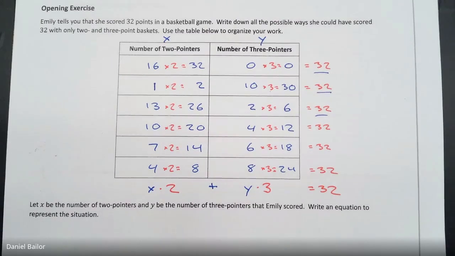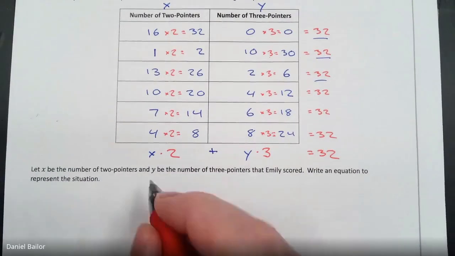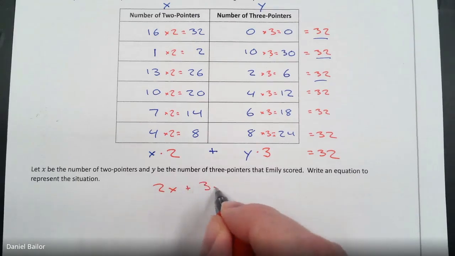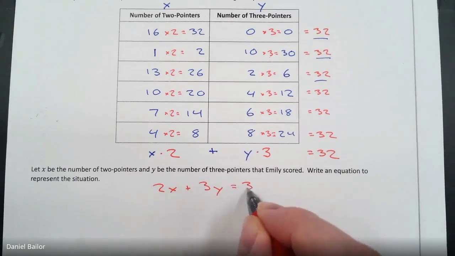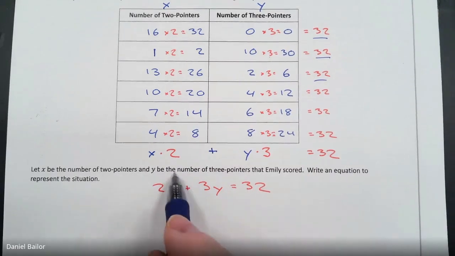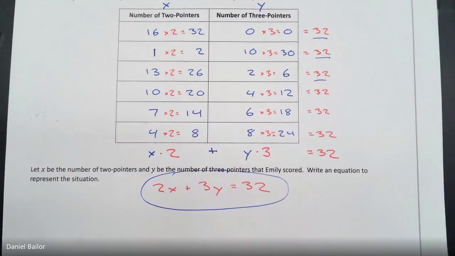That's exactly what we did when we finished the table. And that is our equation. We have 2x plus 3y equals 32. And this is the equation for Emily's basketball game.